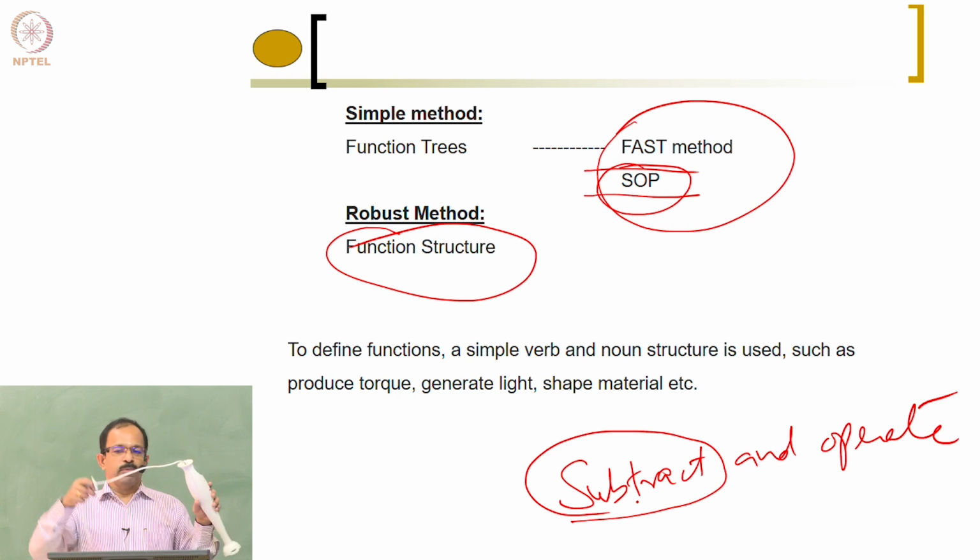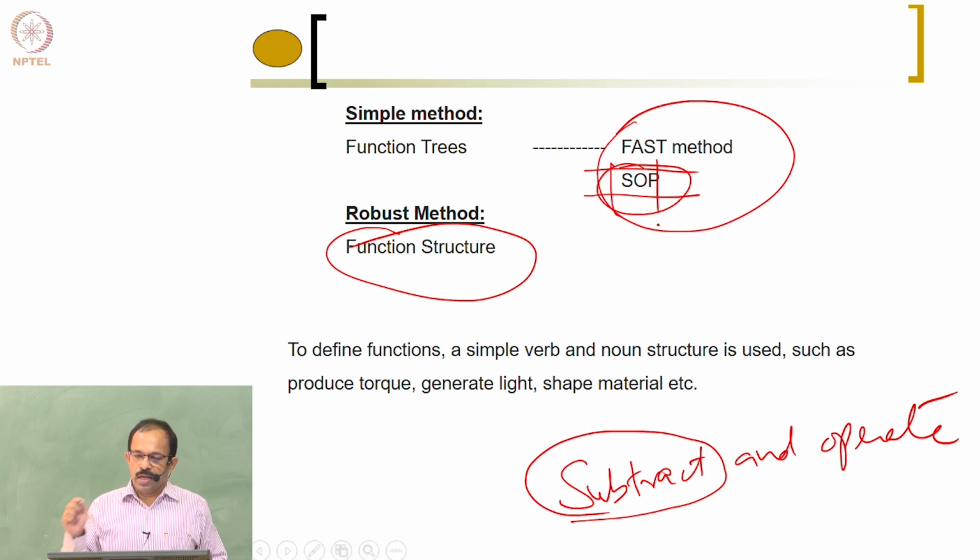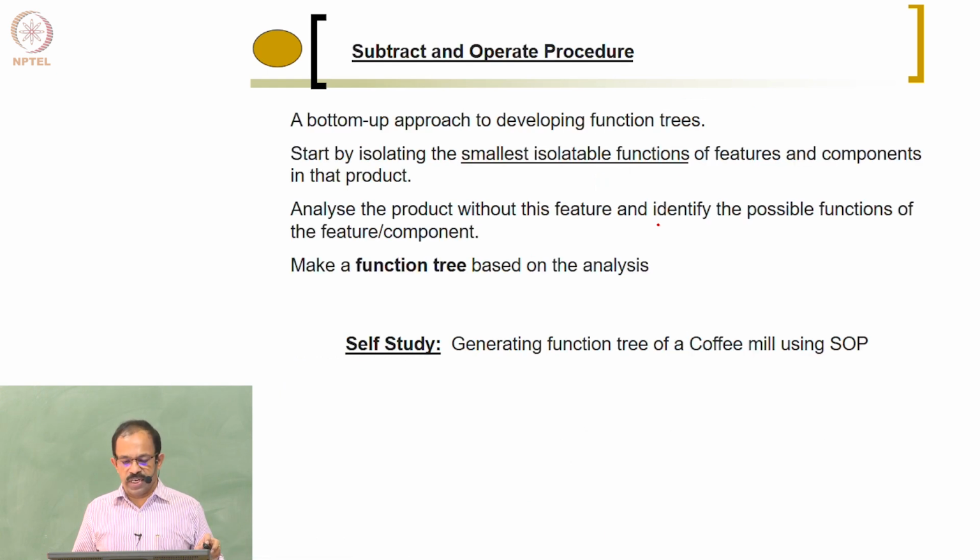Like this, if I remove this cable and then try to operate it, it won't operate because it cannot provide electricity. So this way, you can remove parts and operate the product, or logically try to understand what is missing in the product. By using that, you will be able to get all the functions. That is known as subtract and operate procedure to get the functional decomposition.